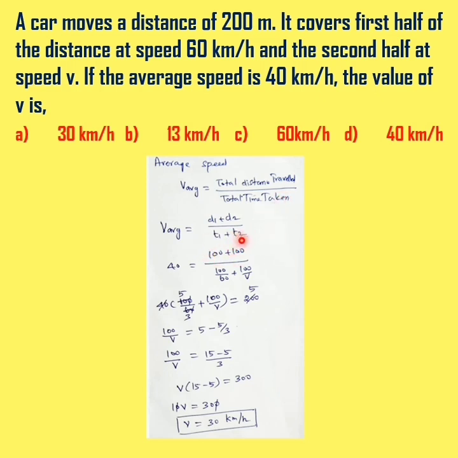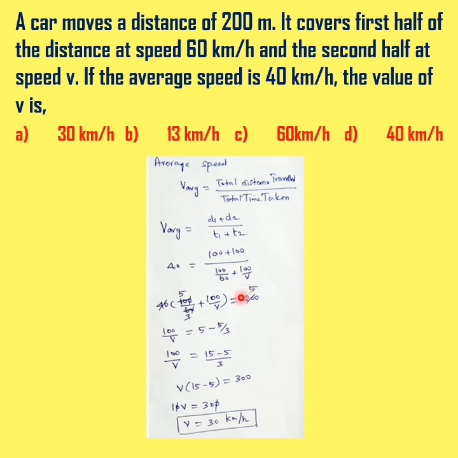So we know the average velocity is 40, which is equal to d1 plus d2, first half distance plus second half distance, 100 plus 100, divided by t1, that is 100 divided by 60, plus t2, the time taken by the car in the second half, that is 100 divided by v.